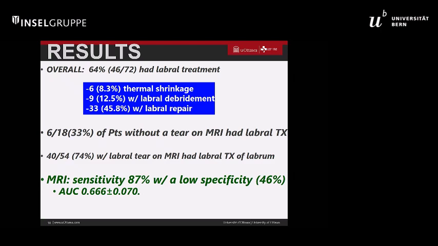What's interesting here is 6 of the 18 that did not have a labral tear on MRI ended up having labral treatment at the time of the scope, and only 74% of those who had a labral tear on MRI ended up having labral treatment at the time of the scope. So this gives us a sensitivity of 87% and a specificity of 46% of the MRI diagnosing labral pathology.